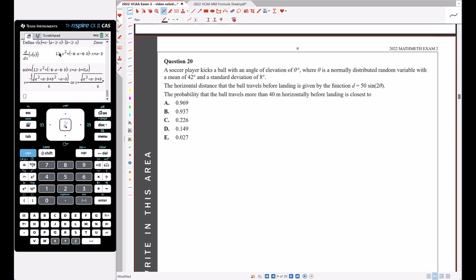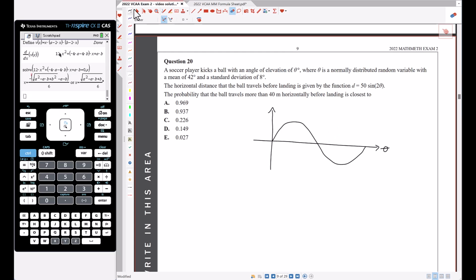Okay, so 50 sine of 2 theta is essentially, so this would be pi and this would be pi on 2. This angle is theta. Okay, but we're obviously in degrees. We want all our answers in degrees.